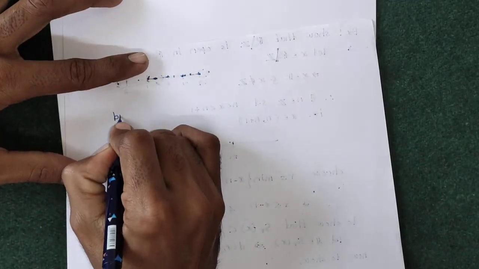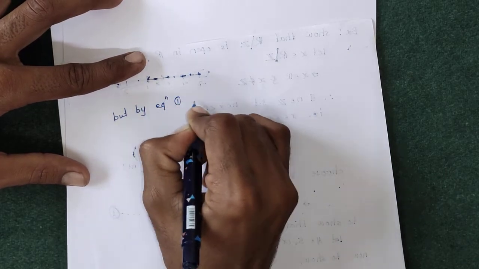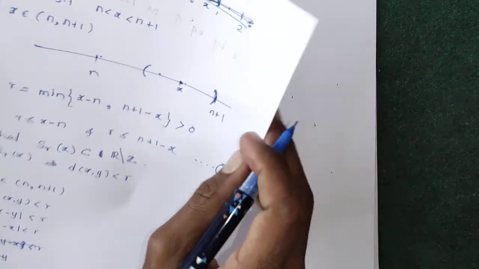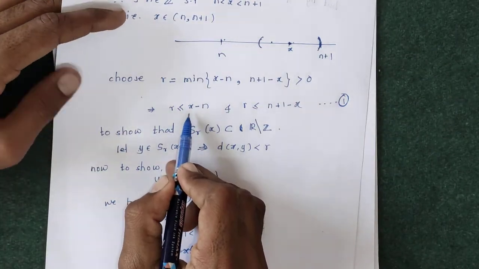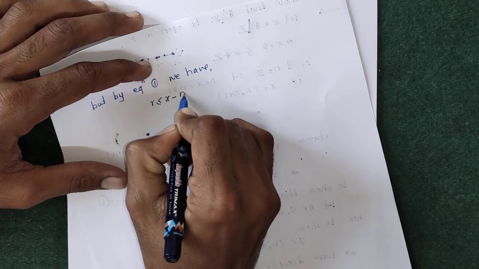By equation 1, we have r is less than or equal to x minus n.